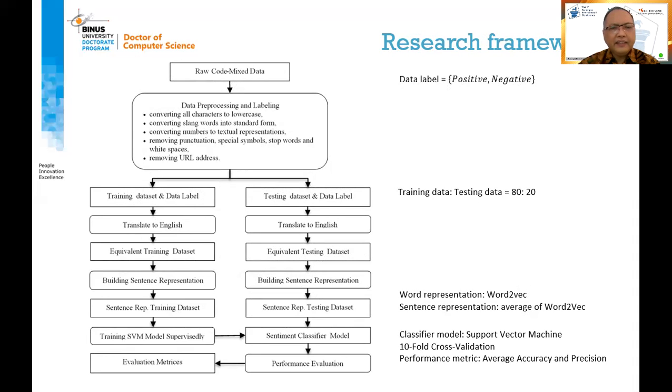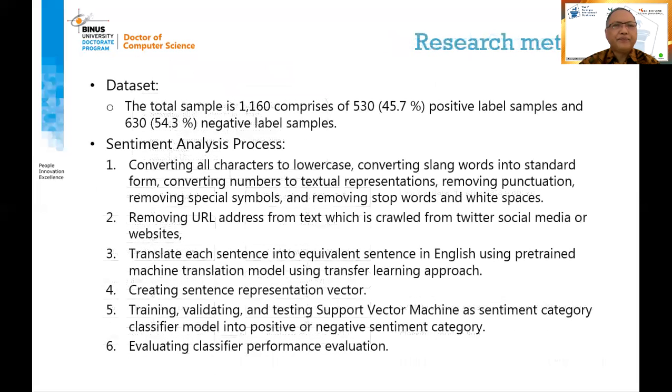The trained sentiment classifier model is then tested using the testing data set in order to have performance evaluation. In this study, we have only two classes of label, which are positive and negative. The classifier model we explore is support vector machine, trained using tenfold cross validation, and performance is measured using average accuracy and precision metric.